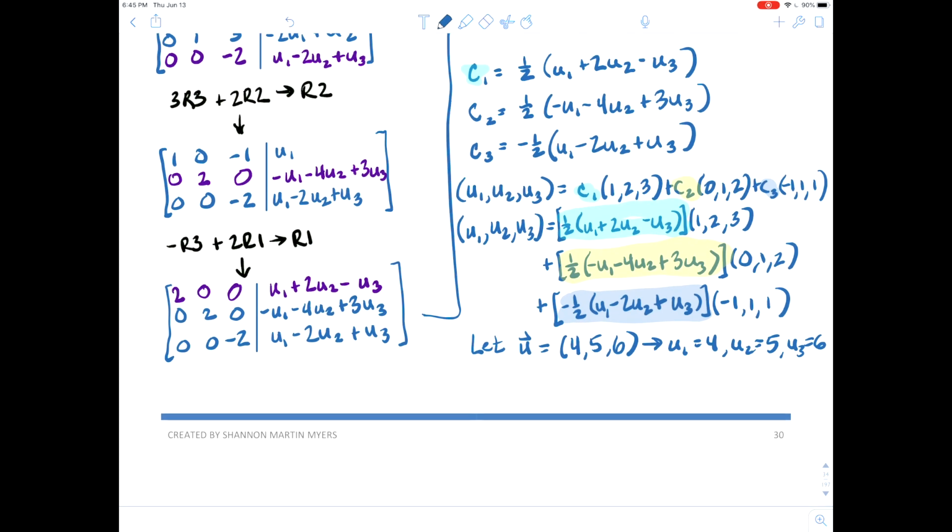And so what's going to happen? Well, the vector 4, 5, 6 can be written as, so now if you plug in these values into our expressions for C1, C2, and C3, what would happen?